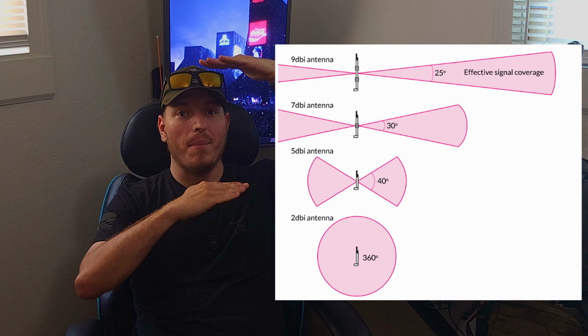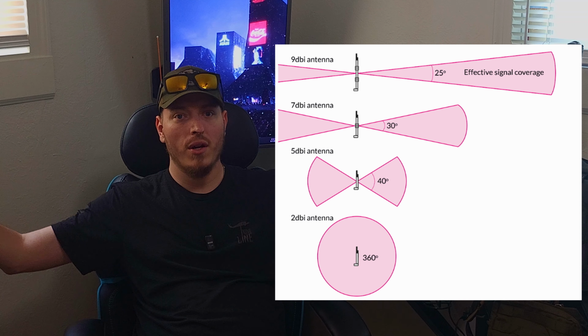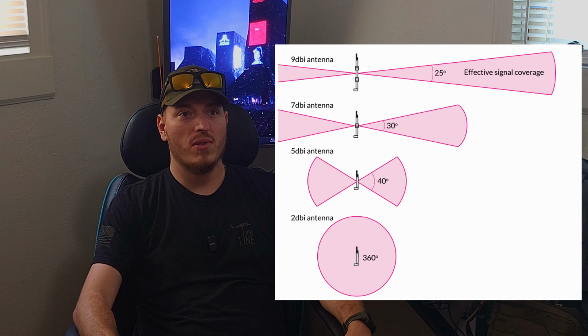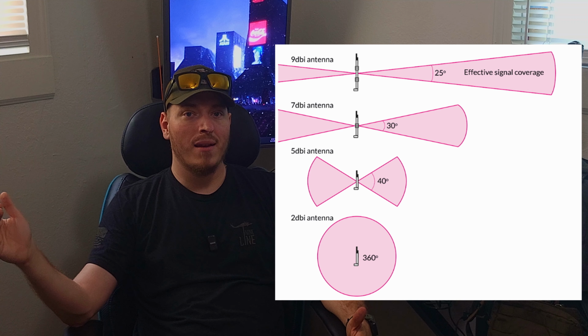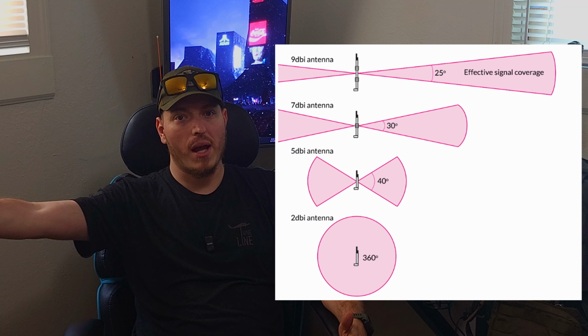This is where gain comes into play. Gain, think of it as, like I said before, omni is multi-directional. Think of it like a bubble. Well, gain allows you to actually squish that bubble down a little bit and the sides get longer. So think of it more as the higher the gain, the more directional it can become.